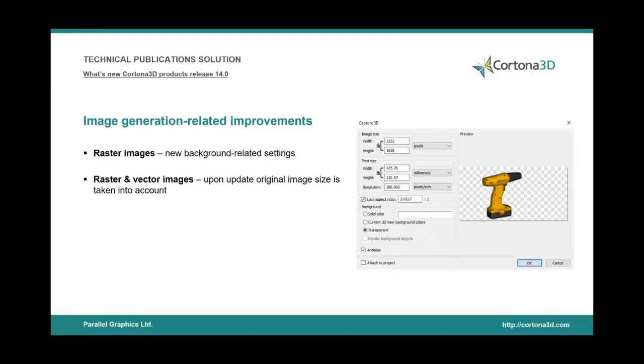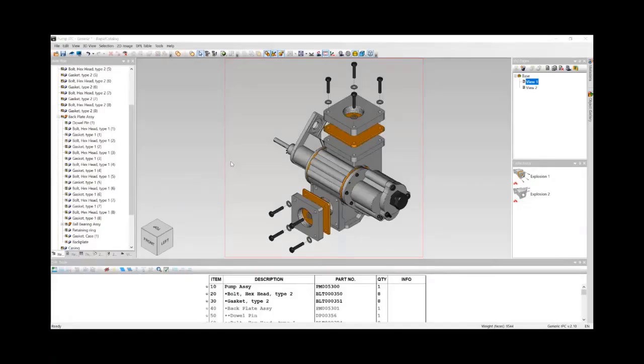So if you had in the project several images, all of different sizes, upon update, only a single value currently set in the settings is taken into account. This is not the case anymore. Let's have a look at the example how this functionality now works.